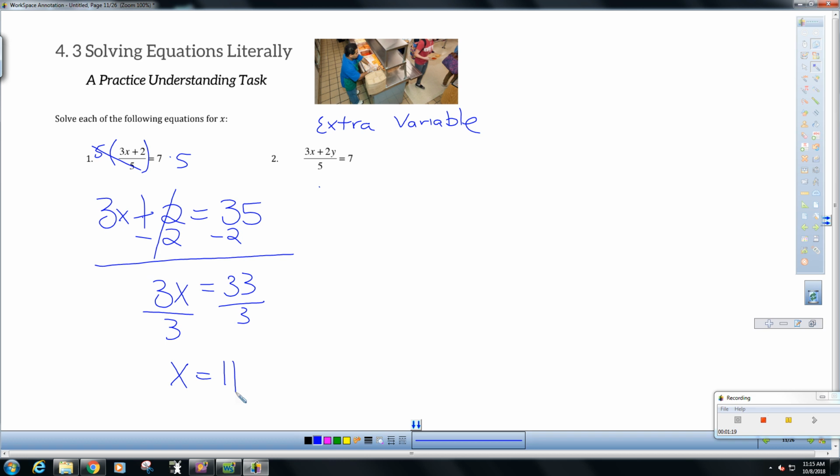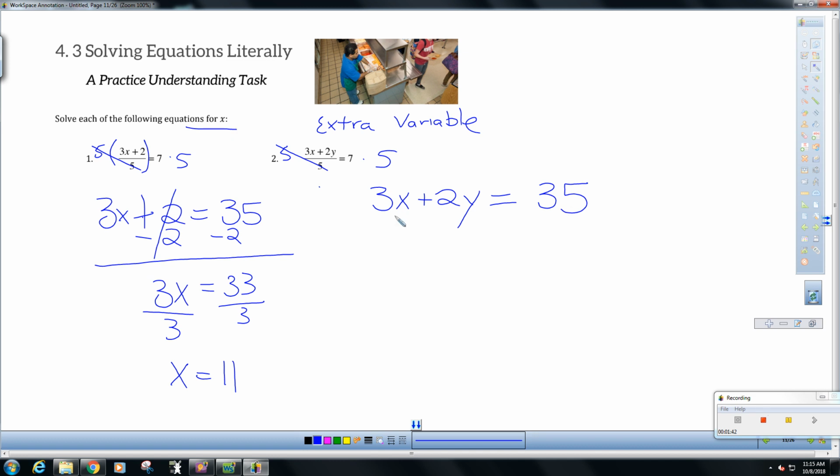Now, let's do this one very similarly. Multiply both sides by 5. 3x plus 2y equals 35. You always got to keep in mind what we're solving for. The directions tell us to solve for x.